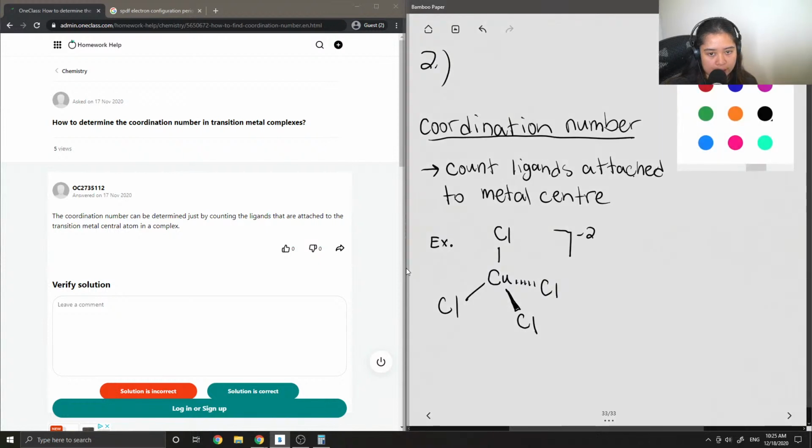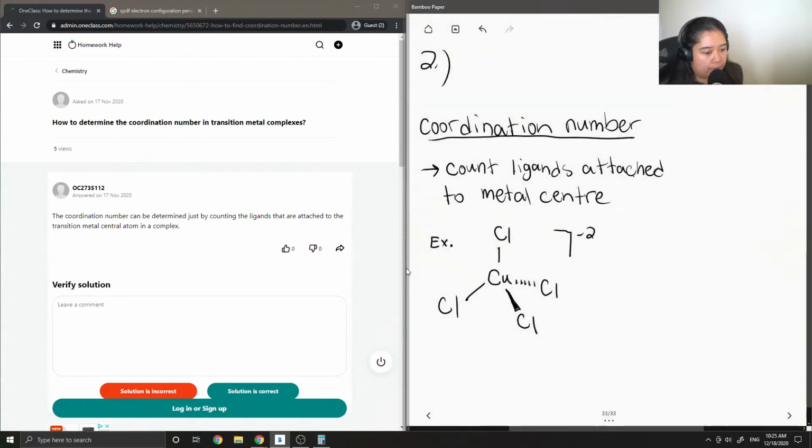Okay, so now we just need to count how many ligands this copper has. By ligands, that just means the groups that are attached to it. And I count 4 chlorine atoms.